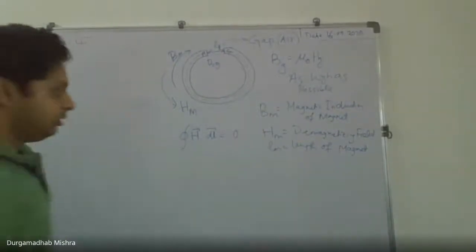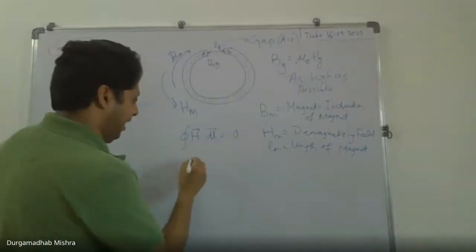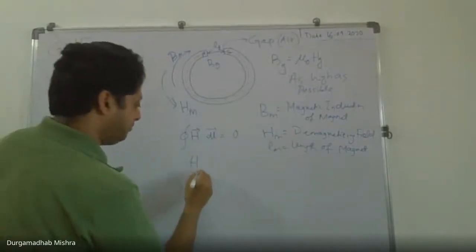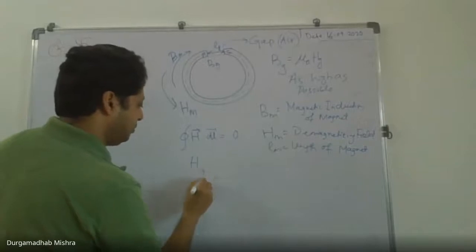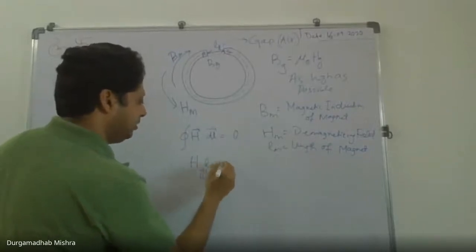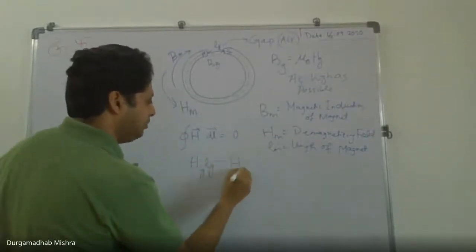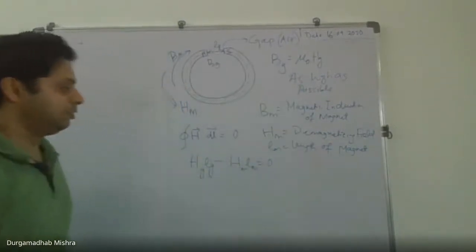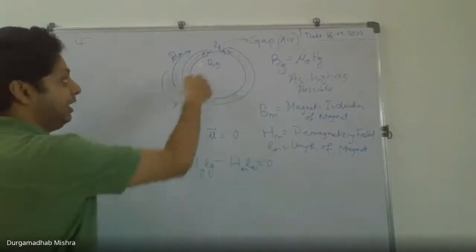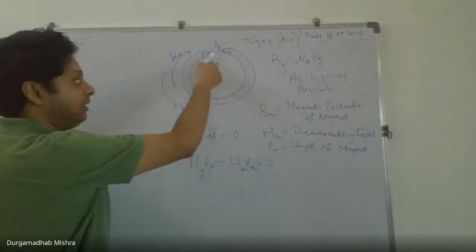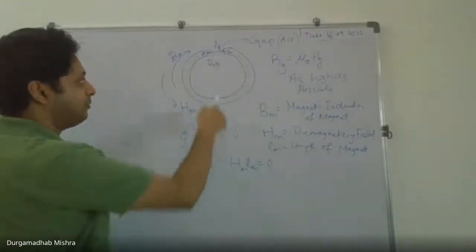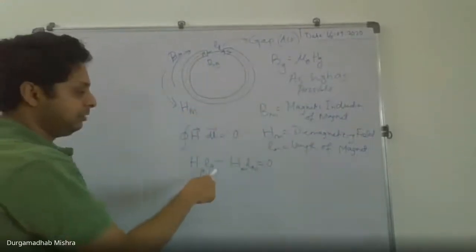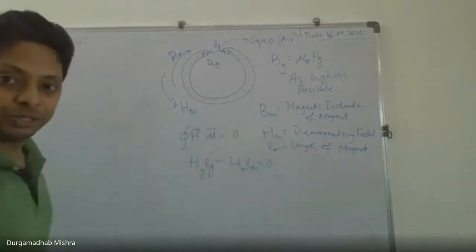If you simplify that, we can write Hg into Lg minus Hm into Lm equal to 0, where Hg is the magnetic field in the gap of length Lg, and Hm is in the opposite direction.